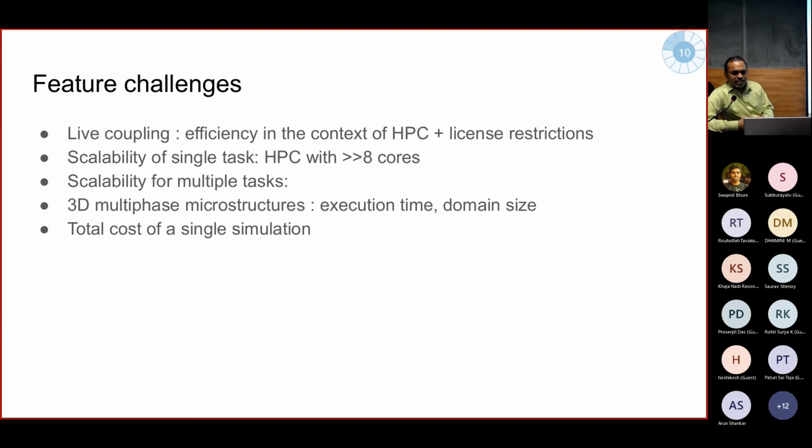There are certain challenges that would also show you in what context Micress would not be able to serve you, and MicroSim could help you, particularly in terms of live coupling. You know that the thermodynamic databases come with license restrictions, which may not be workable in an HPC environment. Because the HPC environment has its own private LAN, which is disconnected from the campus LAN in most university settings.